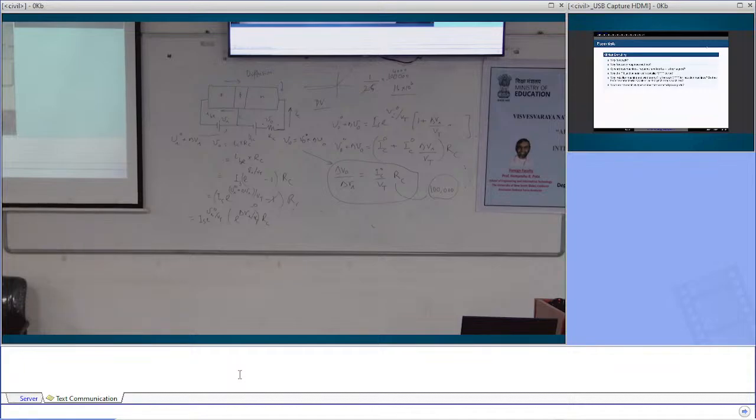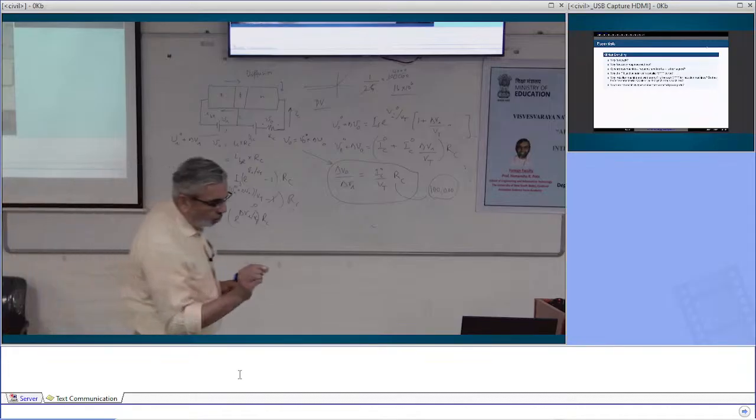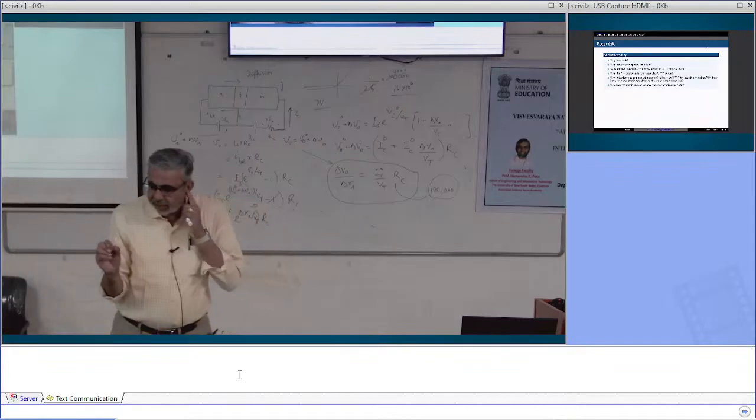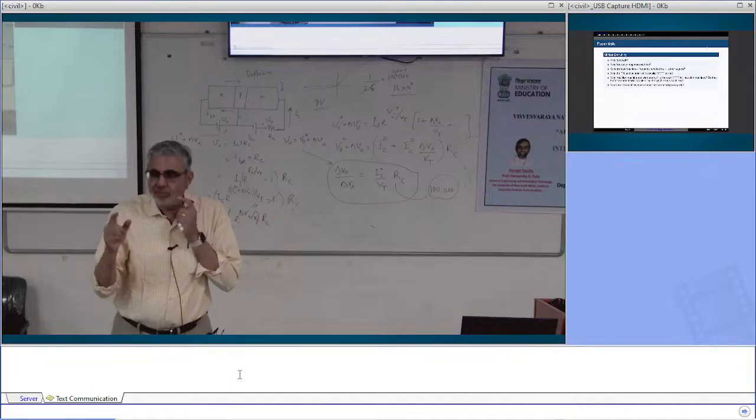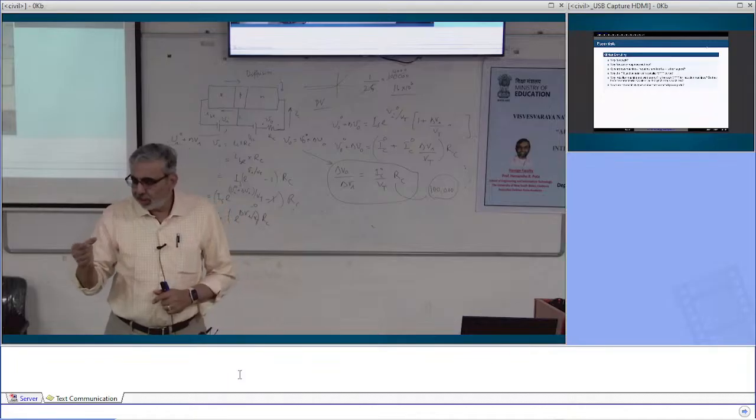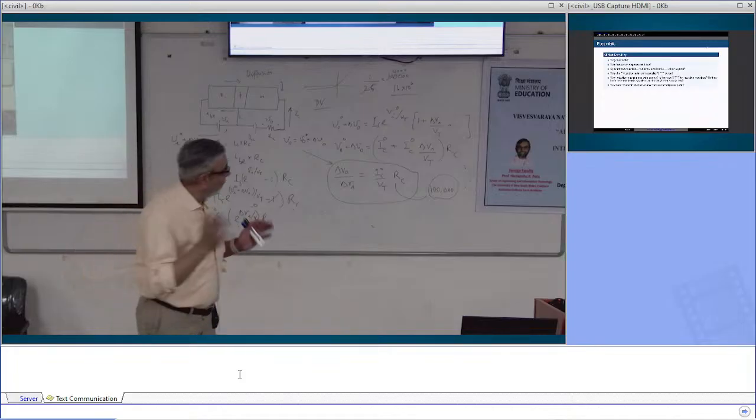Because you put in some voltage and the current is so high that it will switch on. If you take away the bias voltage, it will switch off, right? There you change the width of the channel. By changing the voltage, you change the width of the channel and gain, etc., etc.